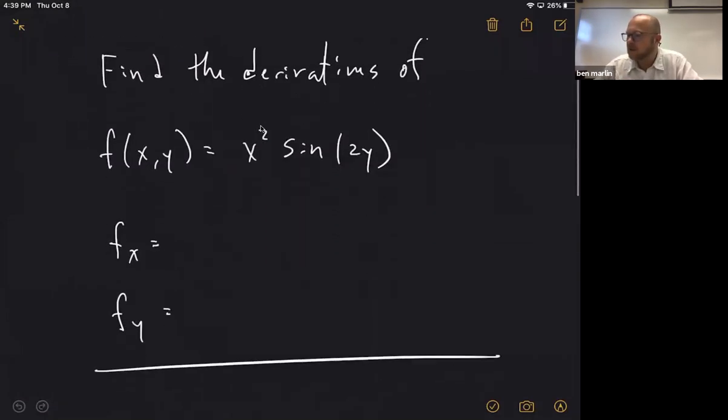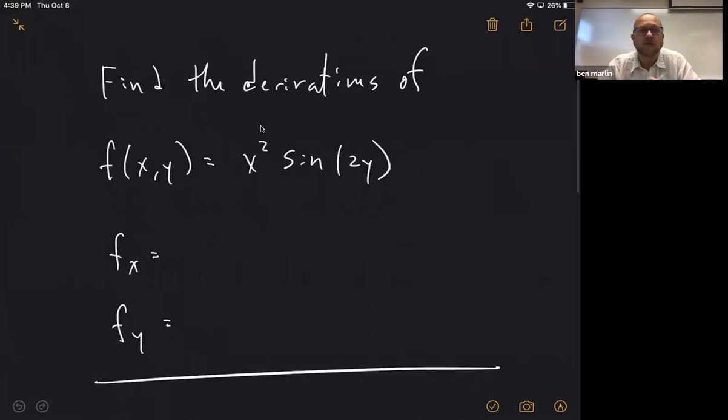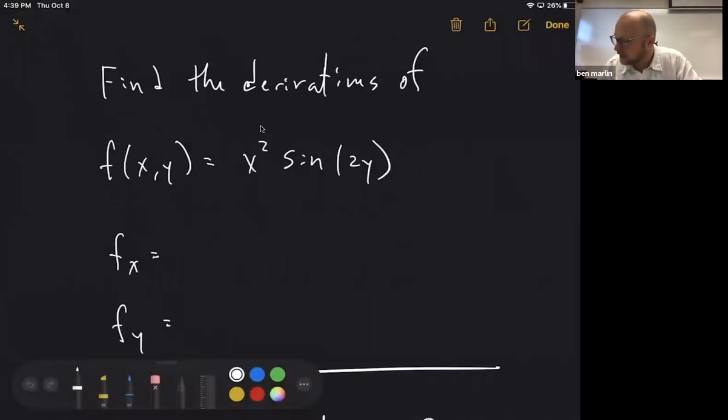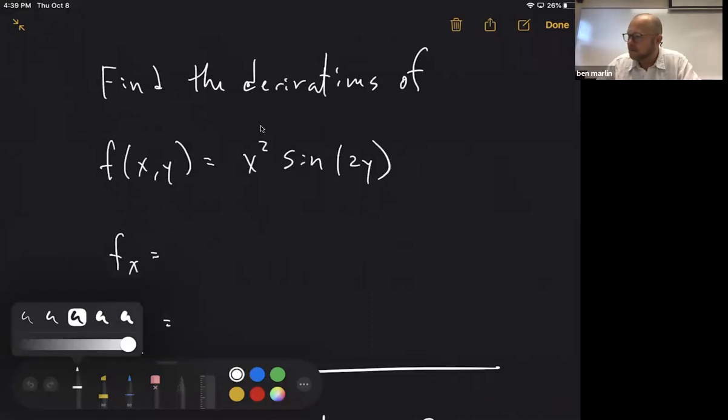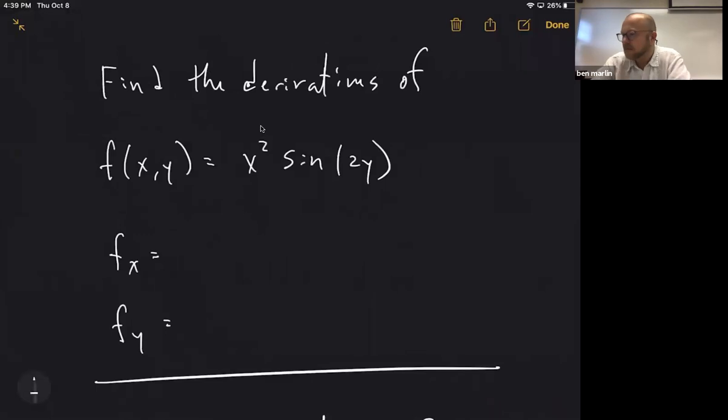So this question just asks us to find all the derivatives of x squared sine of 2y, okay? So with the recollection that we are talking about these two variables here, f sub x means take the derivative with respect to x and pretend y is a constant.